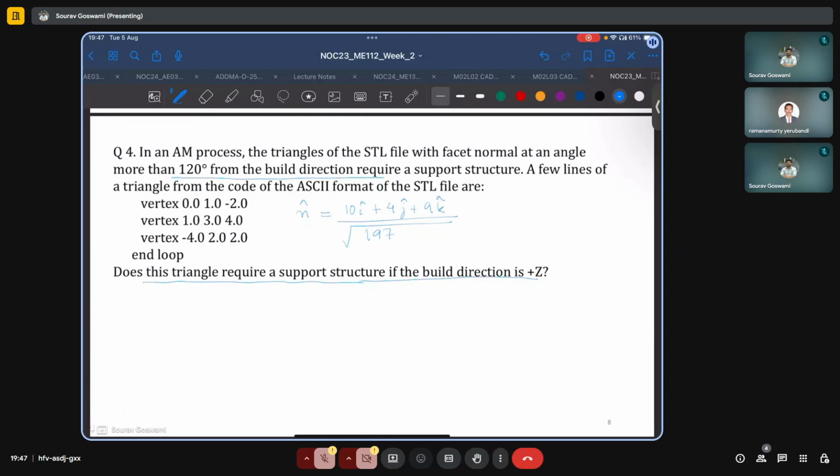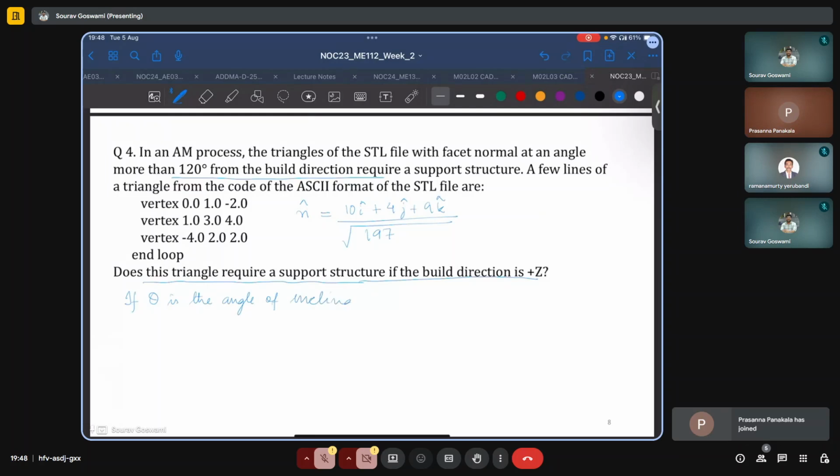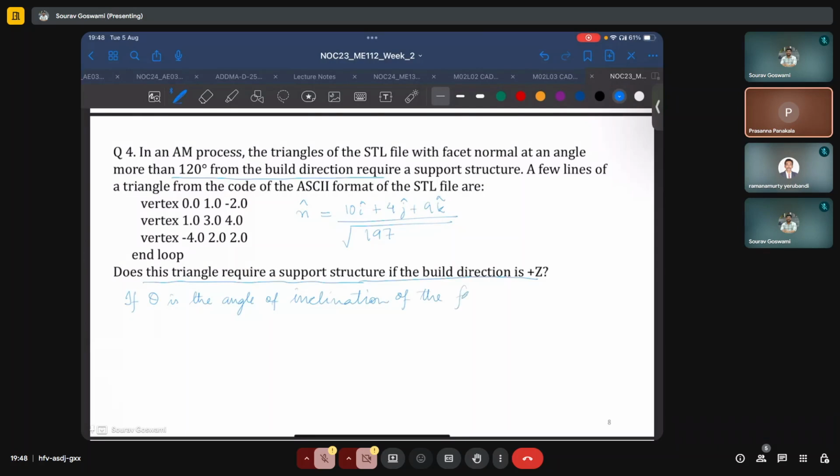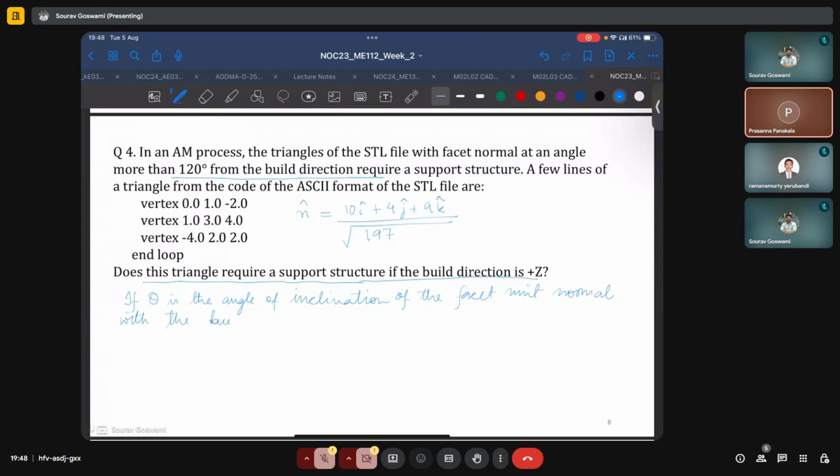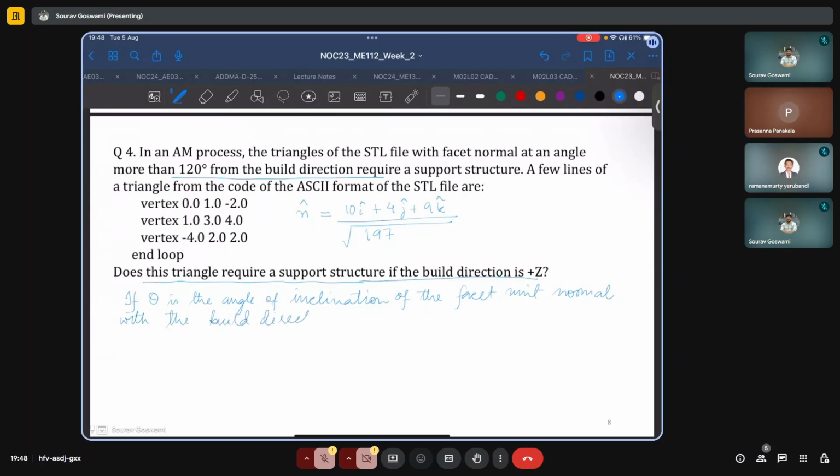We have the components of the normal vector, so we can find its angle of inclination. The angle theta, so if theta is the angle of inclination of the facet unit normal with the build direction, then we can calculate it very easily using dot products.